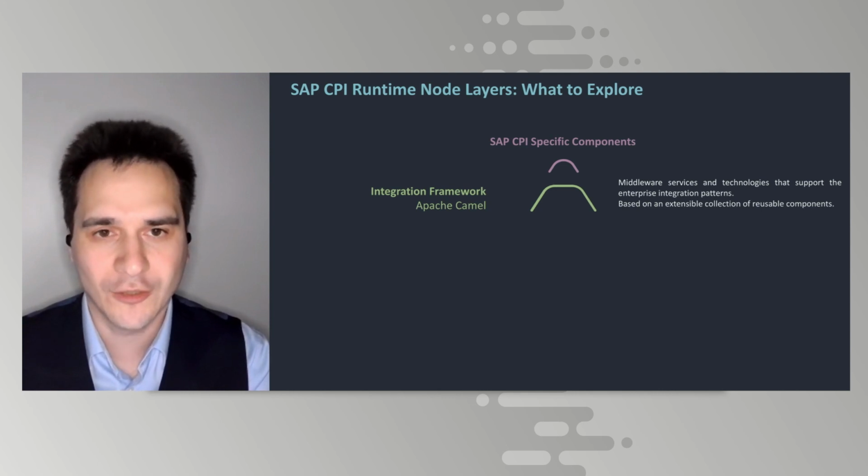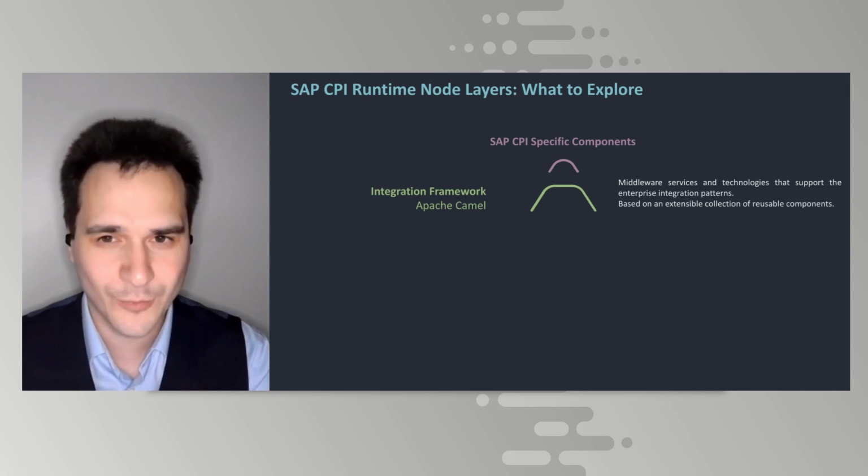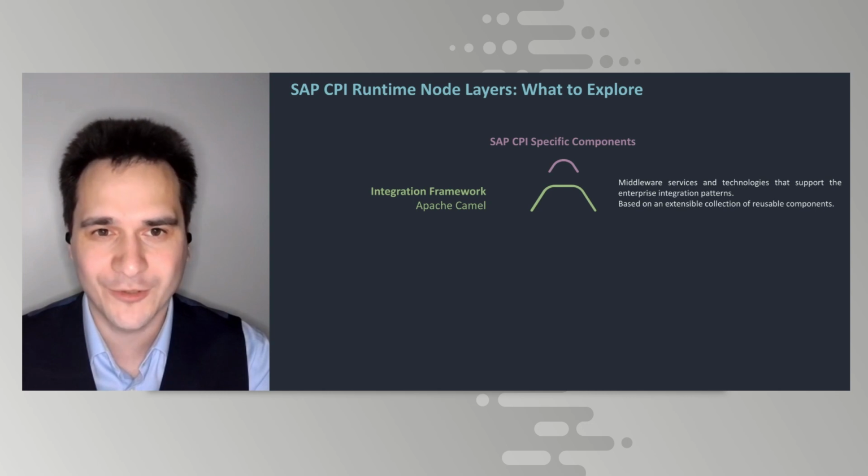Good news is there are lots of materials about Apache Camel, and those are not specific to CPI, so we can learn a lot about the concepts of Camel, like what the context is, what the route is, how the route is defined, what the components are, and what different processor elements like filters are, from so many resources.